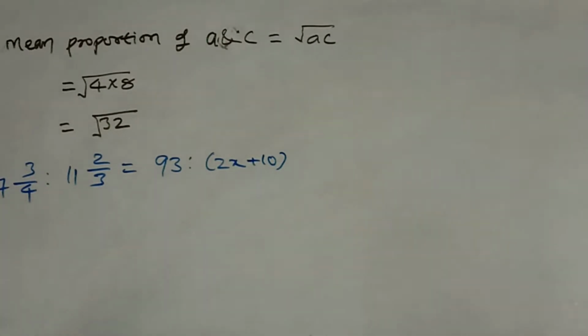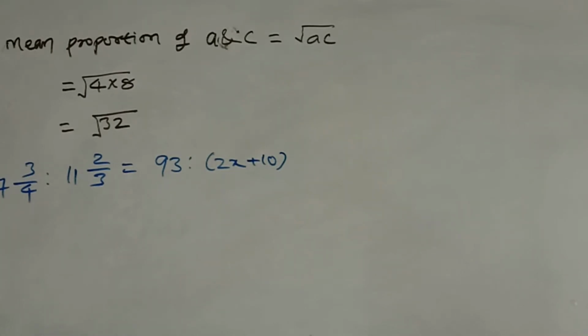So here the ratios are in mixed fractions, so I'll change them into improper fractions and solve them. So here the question is, if 7 3 by 4 is to 11 2 by 3 is equal to 93 is to 2x plus 10, then find the value of x.